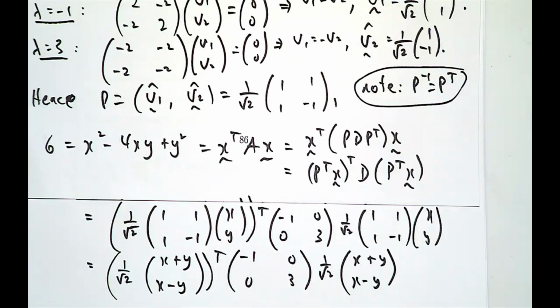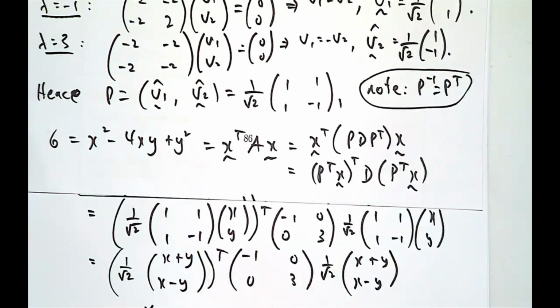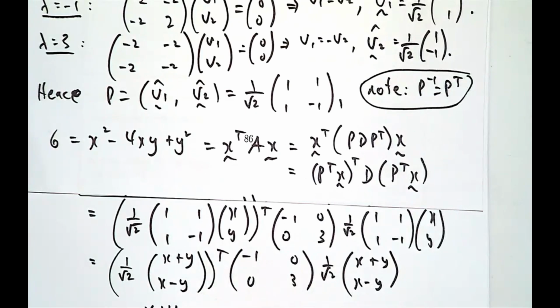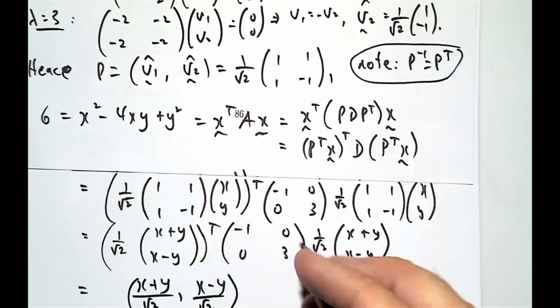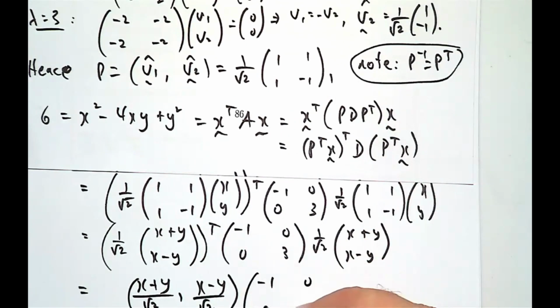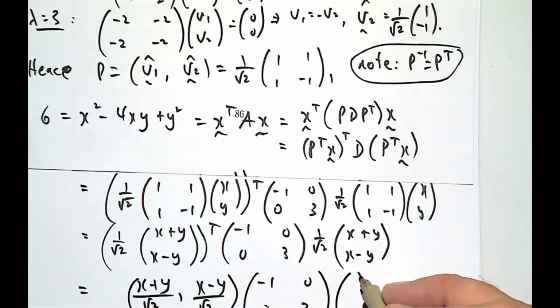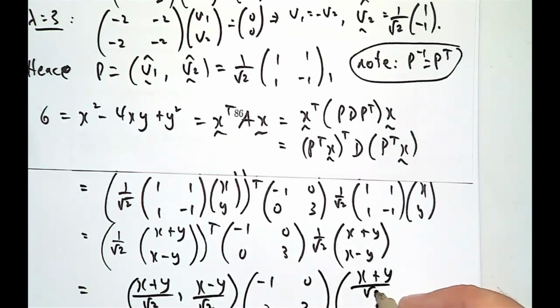Okay, so let's do something with that. Let's form a transpose. So I'm putting the root 2 back inside because something magical is going to happen in a second.